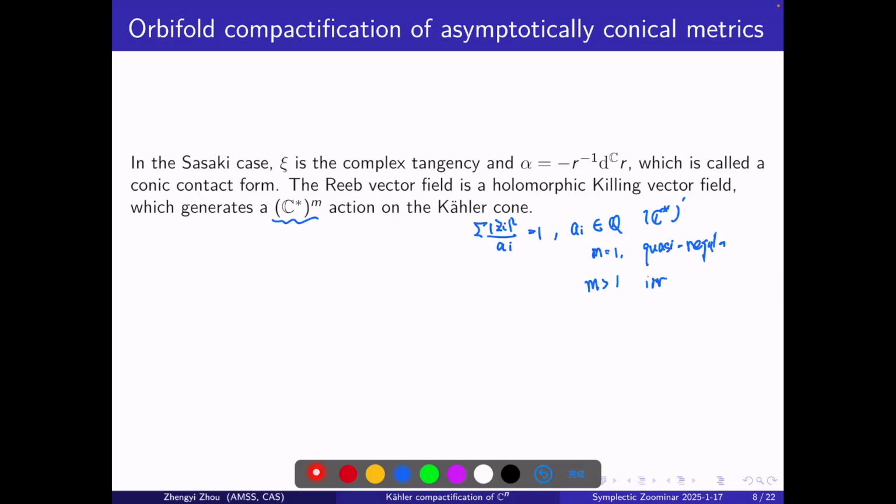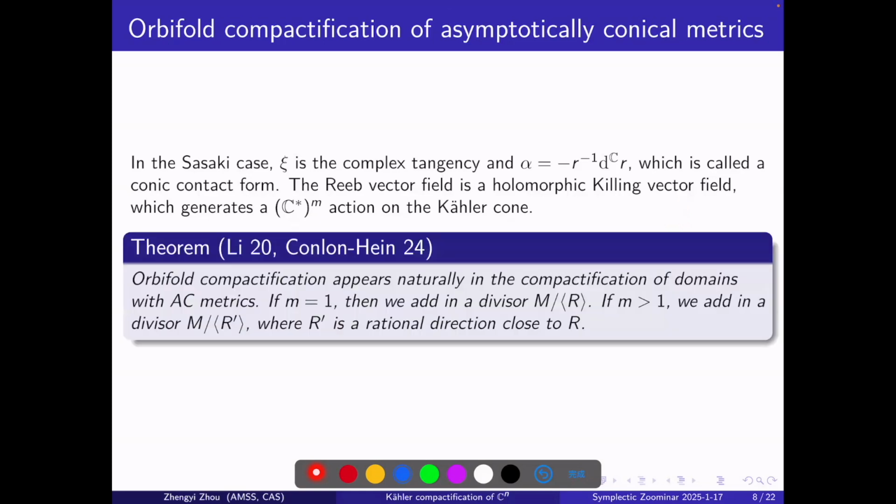The reason why we care about this Sasaki metric and the asymptotically conic metric is that if your tangent cone at infinity has a Sasaki structure, then you can have an orbifold compactification of the original Kähler manifold. This is a theorem due to Li, my co-author from Rutgers, and also Conlon and Hein.